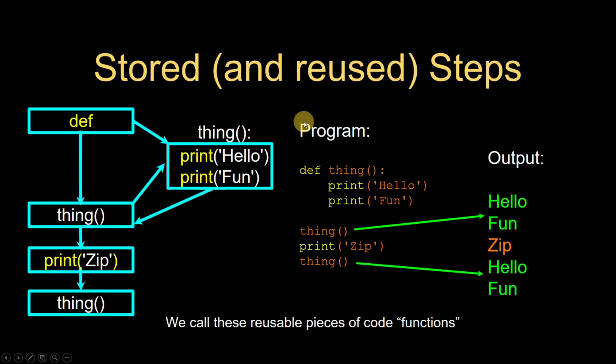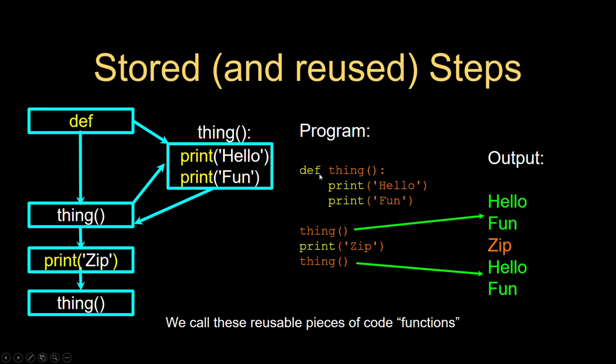A program is on the screen, and it starts with the keyword def. This def means define. When you use the define keyword, that means we are defining our own function.